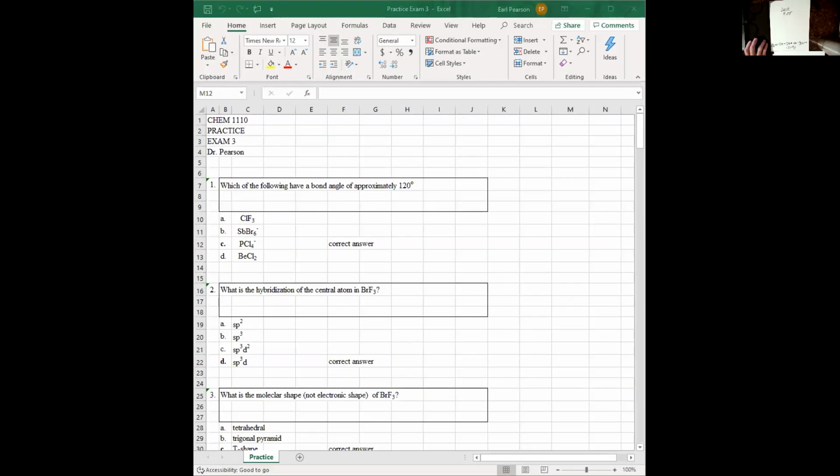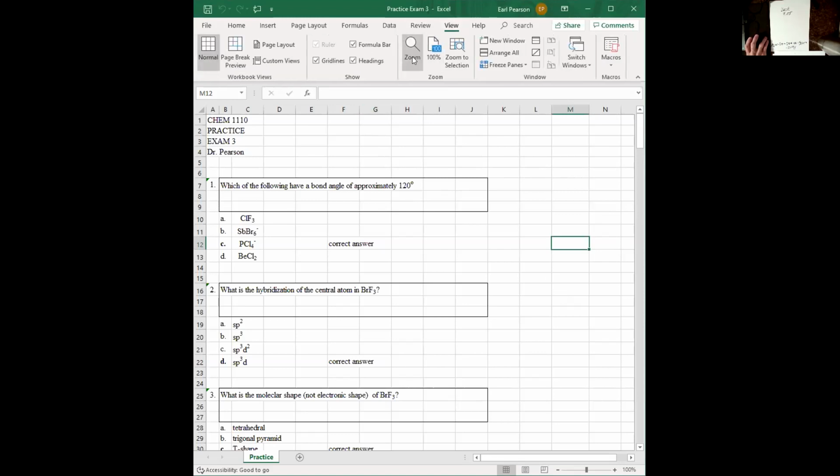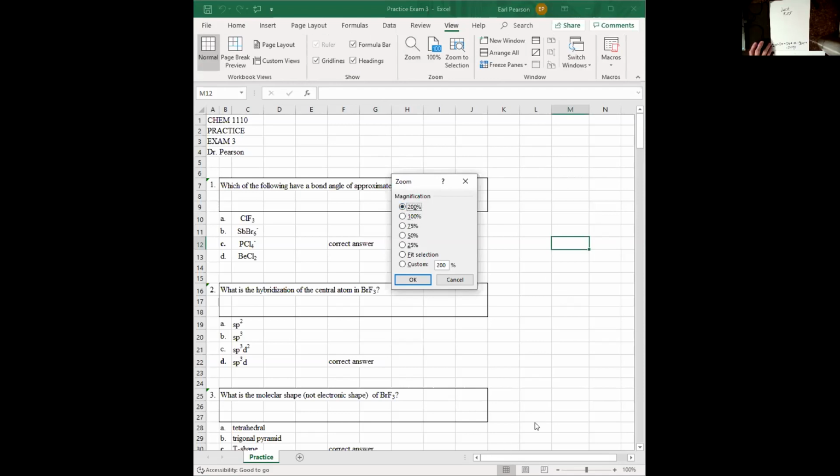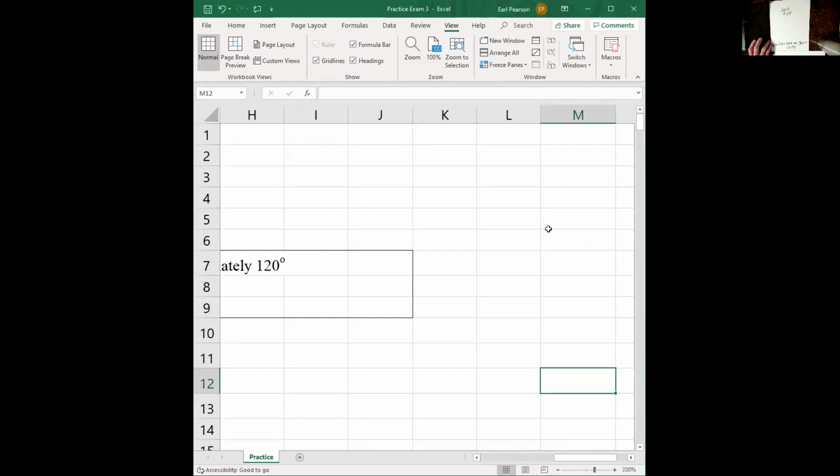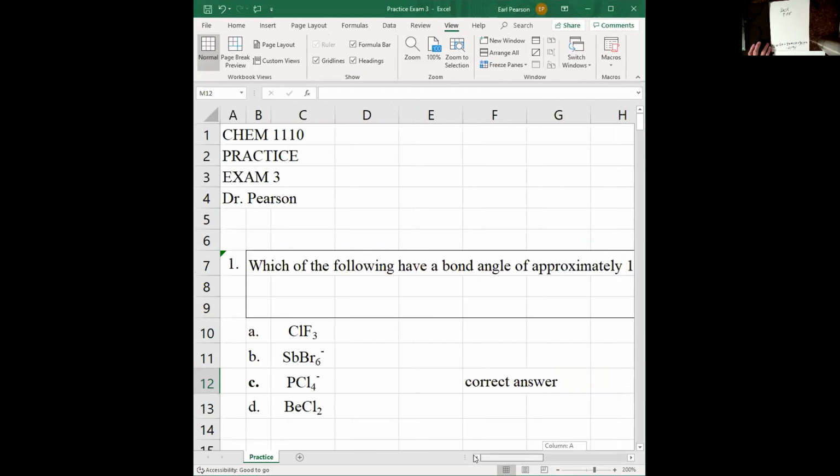For the rest of the period today, we will work on the practice exam for this unit. Let's see if I can make it a little bit bigger for you to see. And I hope that you have a copy of the practice exam with you.